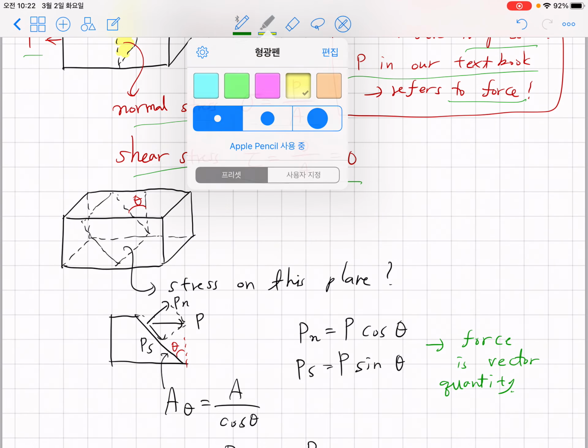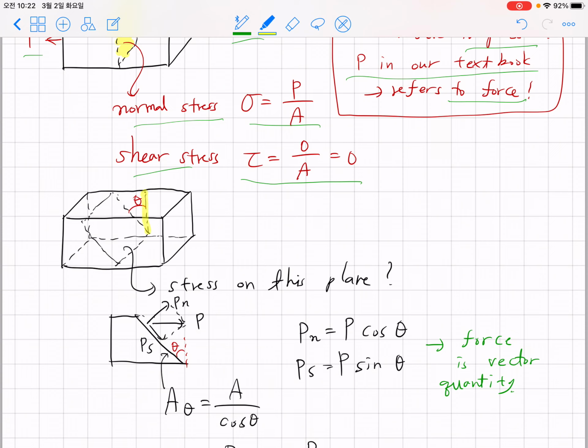However, if somebody asks, let's take an angle theta from this perpendicular line and imagine this yellow oblique plane, and asks you to define normal stress and shear stress, then you have to think about how you can do it.